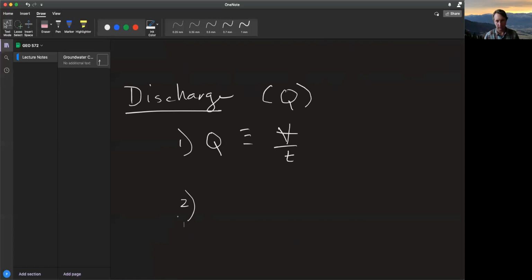We can think about this in another way, and that is discharge is equal to the fluid velocity normal to a plane times the area across which flow is occurring.